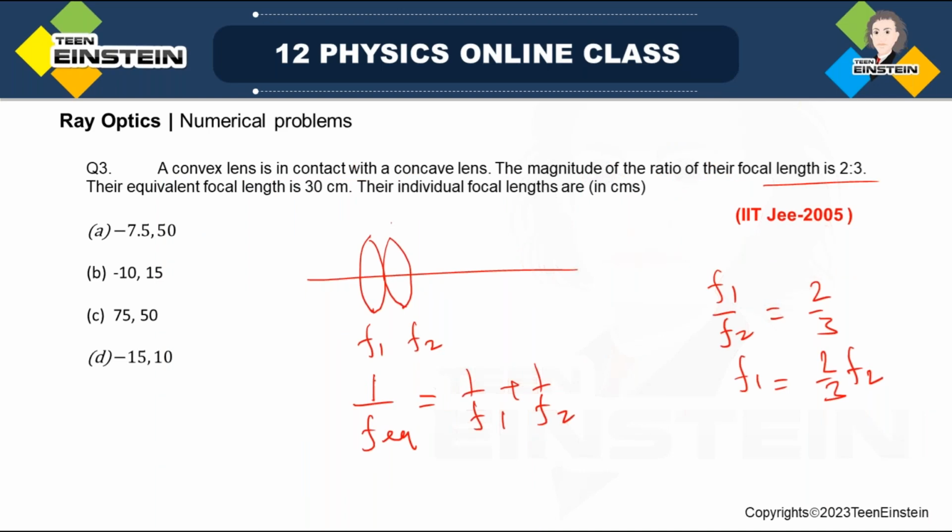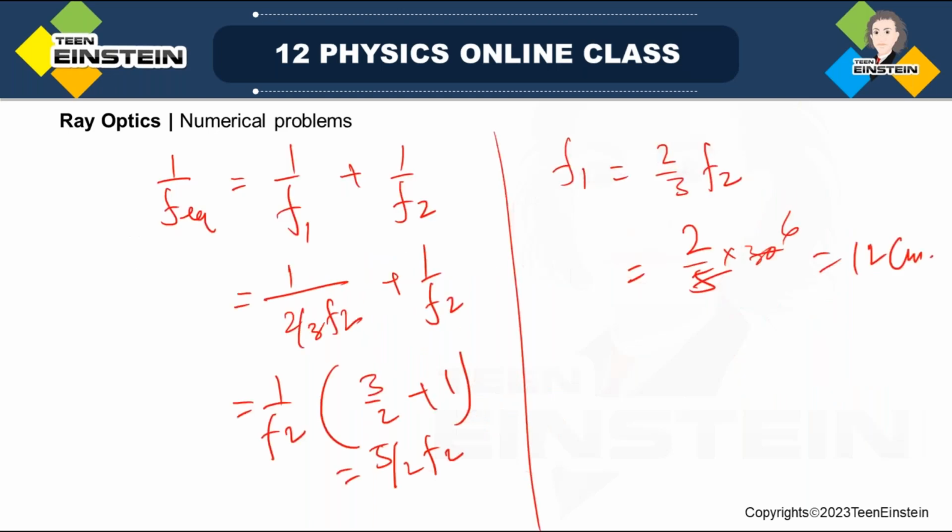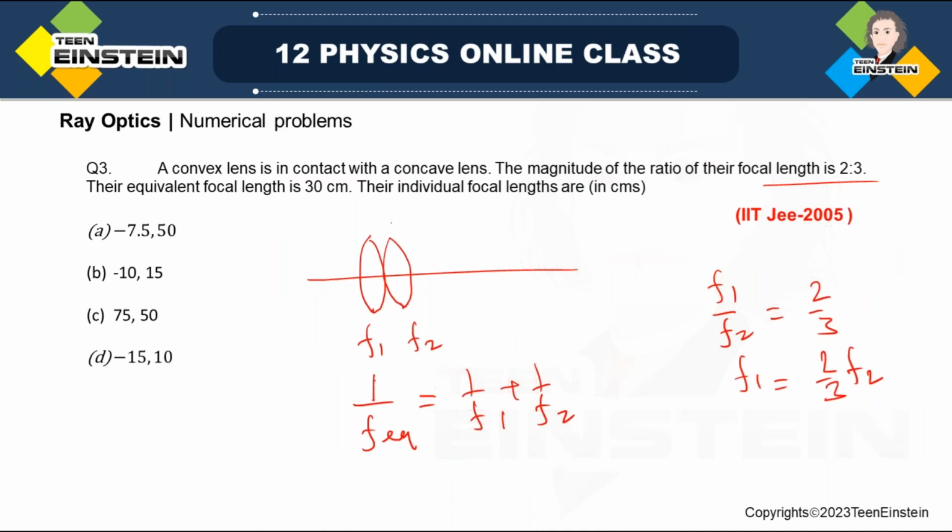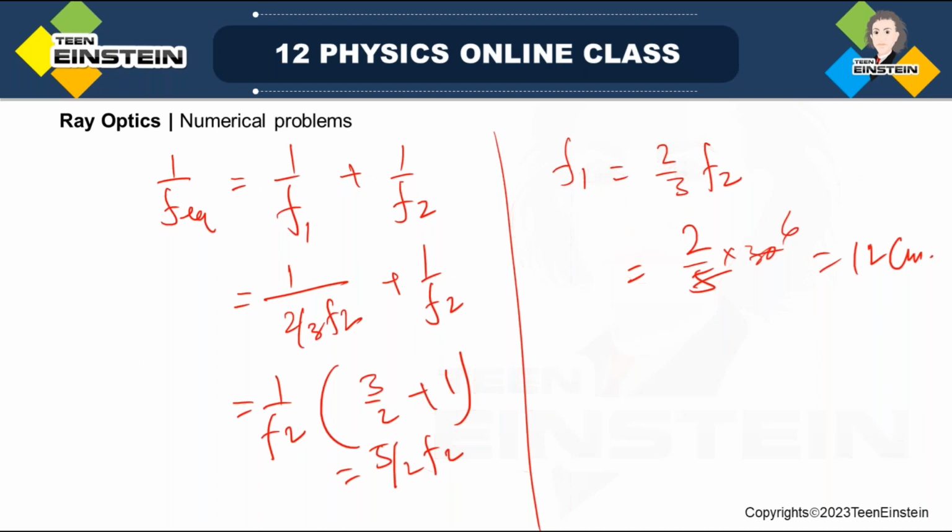So 1 over 30 means 1 over this. The ratio of the focal lengths is 2:3, right? 2:3.